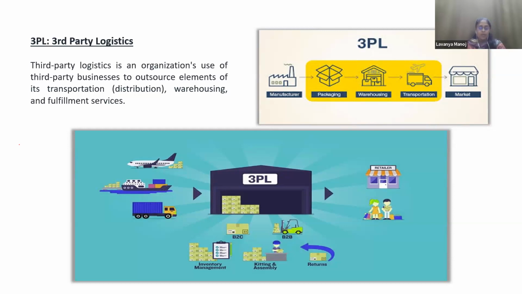Once there is demand in the market, Mr. Subir takes the end product from his own warehouse in his own transportation vehicle and supplies it to the market. So here, Mr. Subir is the first party logistic provider. Mr. Subir takes care of all the supply chain activities. Clear? Yes, ma'am.